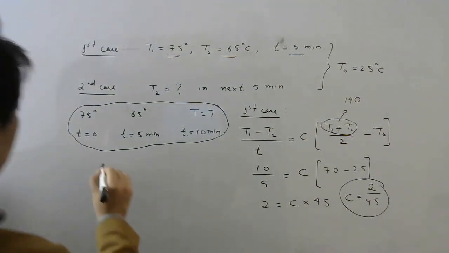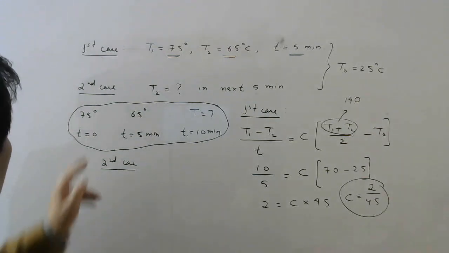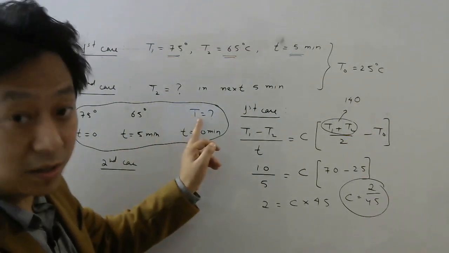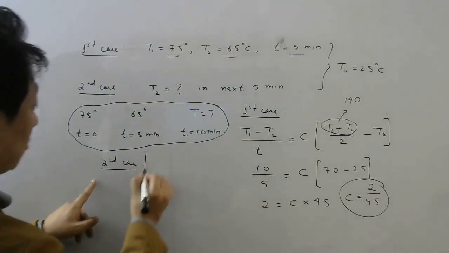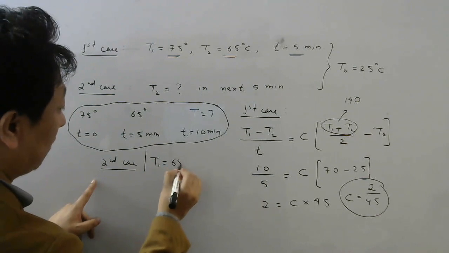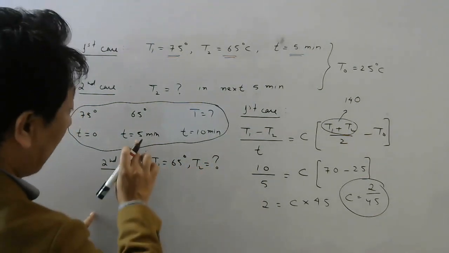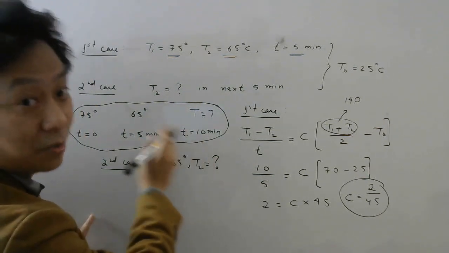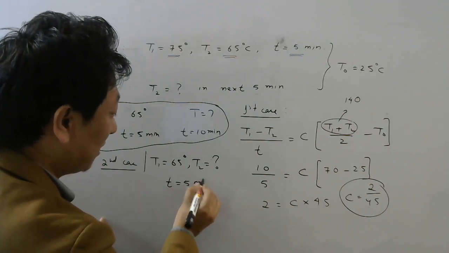Now let us go for the second case. For the second case we can write from 75 to T, or we can write from 65 to T also. Let us write from 65 to T. So for the second case, your starting temperature is 65 and the second temperature we have to calculate. And the time taken from here to here, remember, next 5 minutes they told. So from 5 minutes to 10 minutes, time taken will be 5 minutes, right?